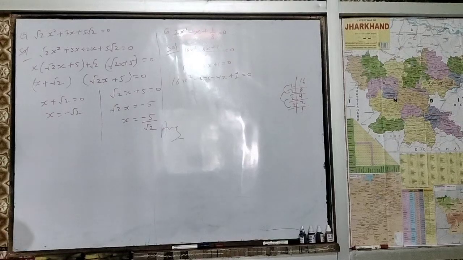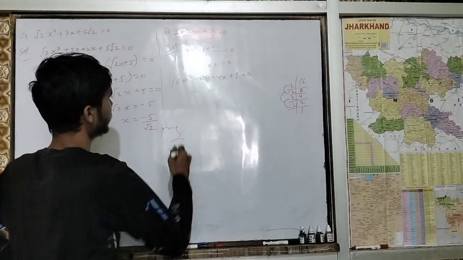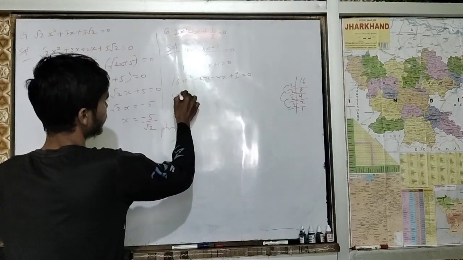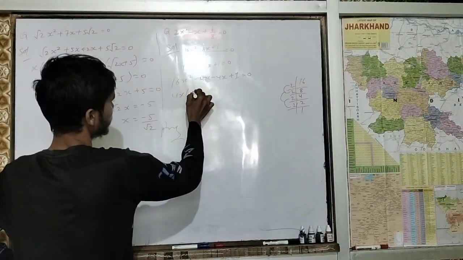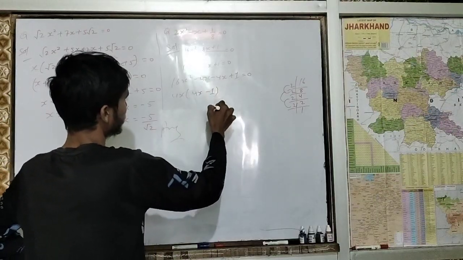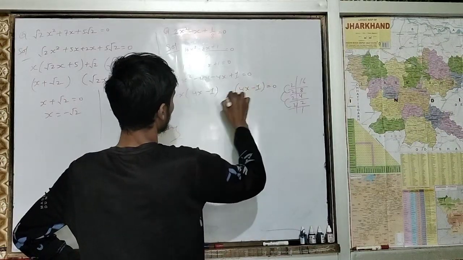This is what is coming. Now over here in this, we have 4x common. 4x, then minus 1. Same here, 4x minus 1 is equal to 0.